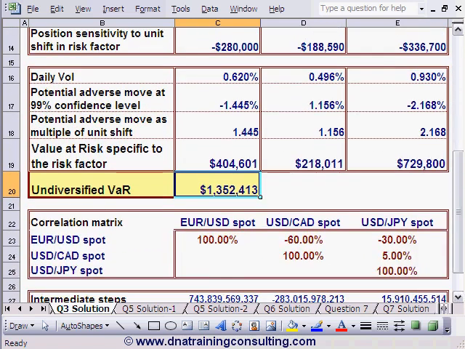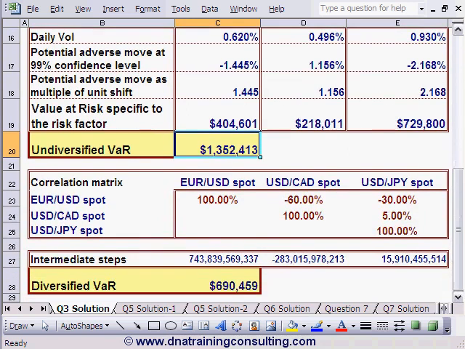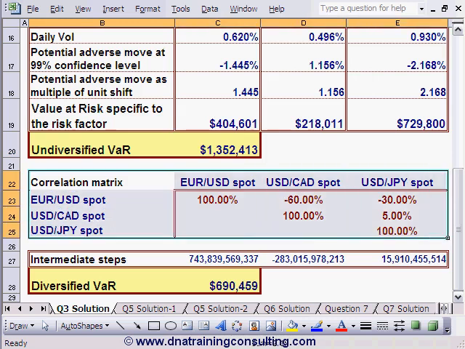The correlation matrix for the percentage daily changes in risk factors is next reproduced in cells B22 to E25.